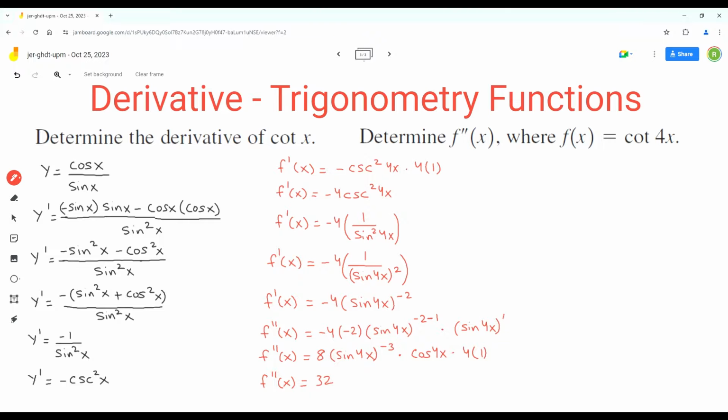Now we can move the sine term to the denominator to make its exponent positive. Now we can rewrite the denominator term as sine cube 4x.